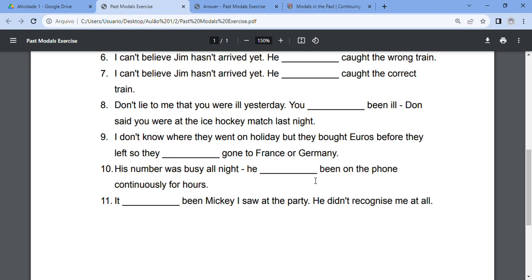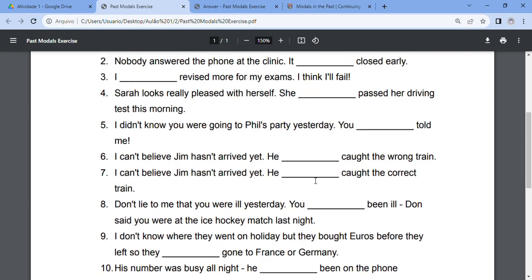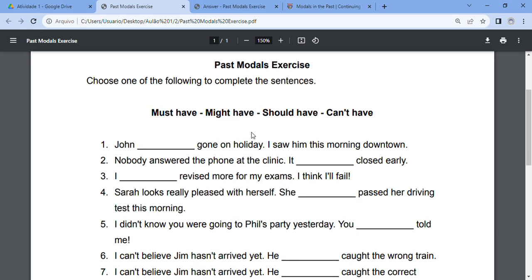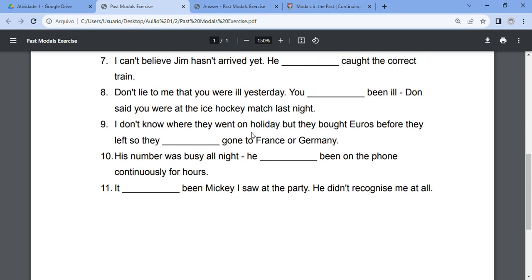So what we know is a probability, is a possibility, it's not advice, and you can use can, so you can use should and can have. So it's must have or might have. So it's a probability, right? Because his phone was busy all night, so it's a probability.